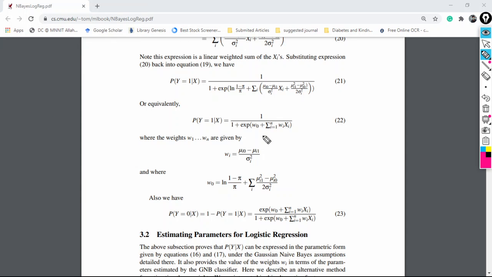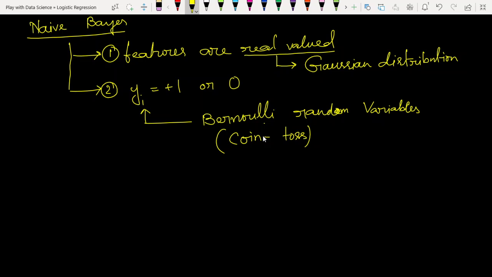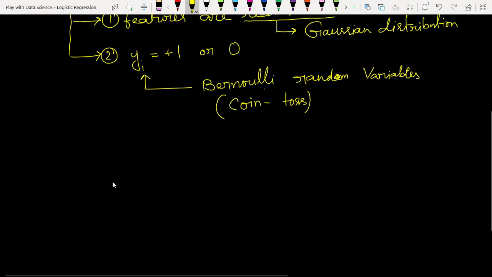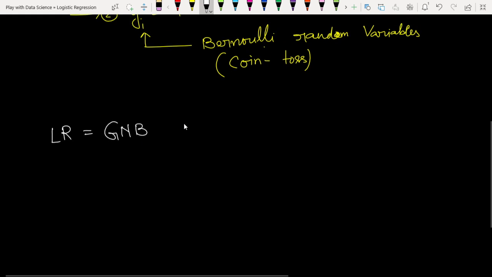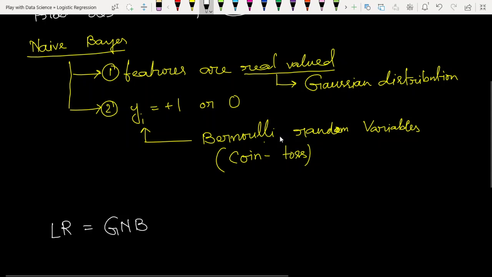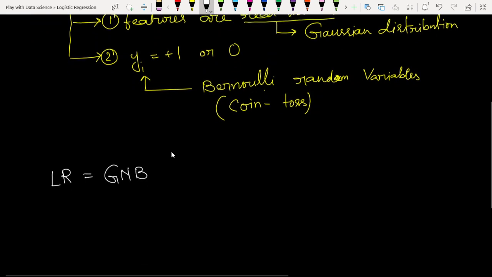So just go through our main points. What have we seen? In logistic regression, we have used two things: Gaussian naive Bayes and the Bernoulli distribution. We used Gaussian naive Bayes because we assumed our features are real valued and Gaussian distributed.